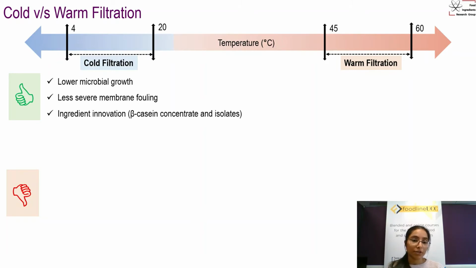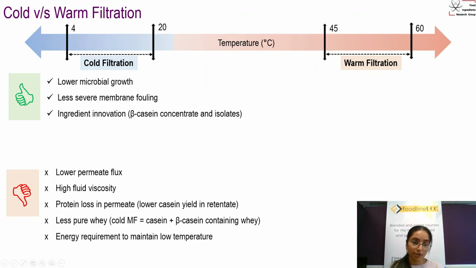However, cold filtration also has its disadvantages, for example, lower permeate flux, high fluid viscosity, and protein loss in permeate. So, for example, loss of casein into the permeate when we do cold MF.